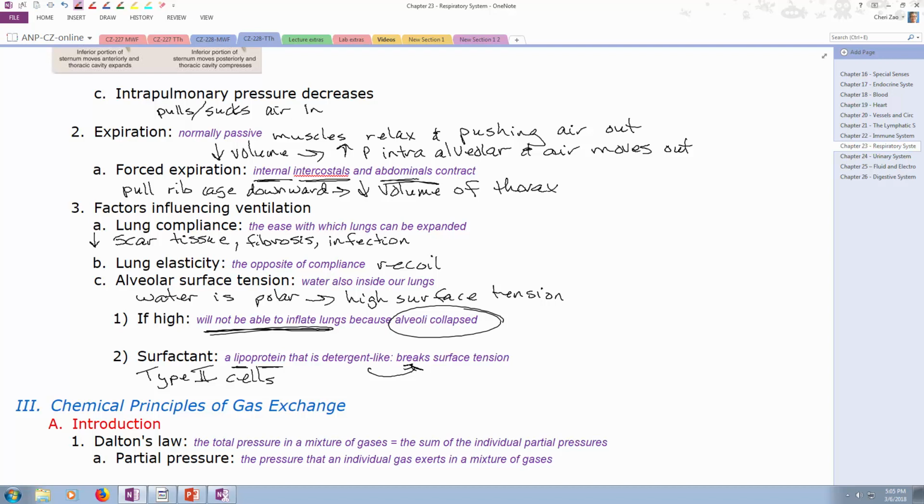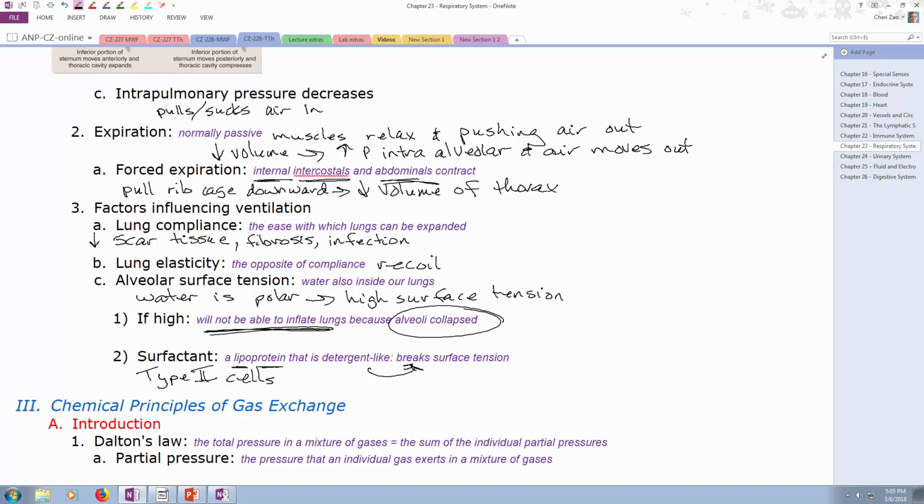So surfactant is the issue with premature babies. Because when a preemie is born, the type 2 cells have not matured enough to produce sufficient quantity of surfactant inside the little alveoli.